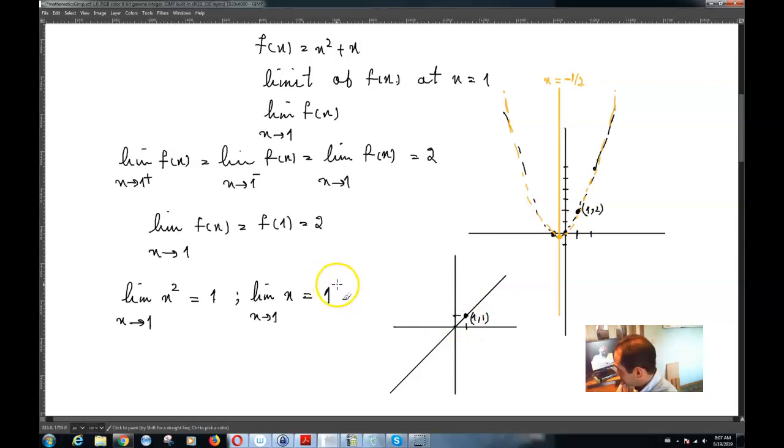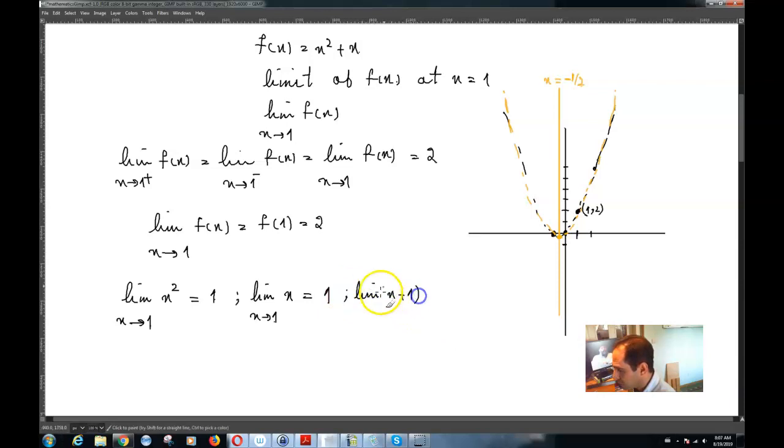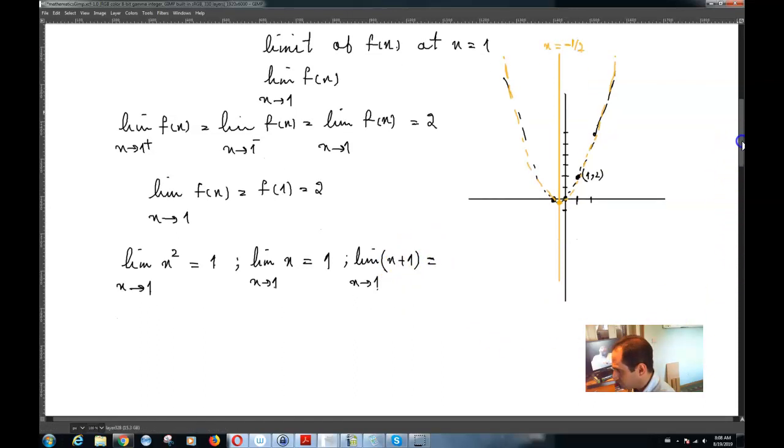And also the limit of x plus 1 when x tends to 1 is equal to, well, this is a function.